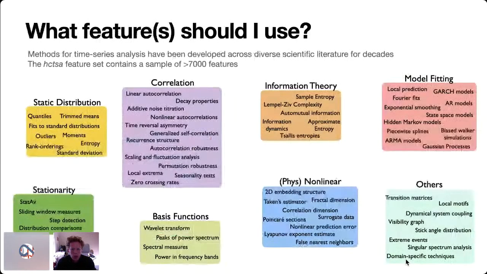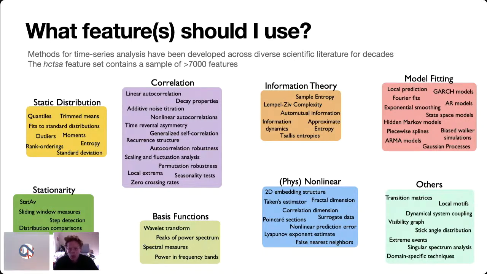Okay, so as you may know, there are a large number of possible methods for doing this. People have developed this for decades in many different settings, whether you're in economics and you're trying to forecast inflation rates, or in astronomy and you're trying to predict what type of star something is from a light curve you've measured from the sky, or in applied maths and you're trying to quantify the fractal dimension of your dynamical system.